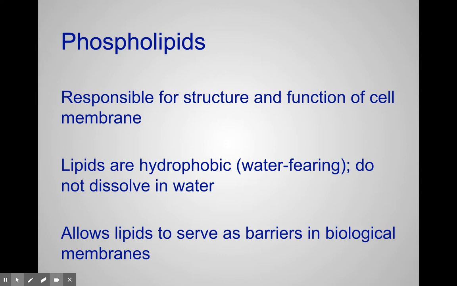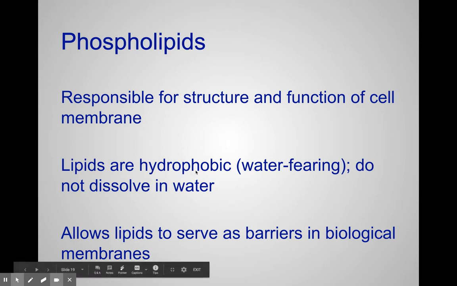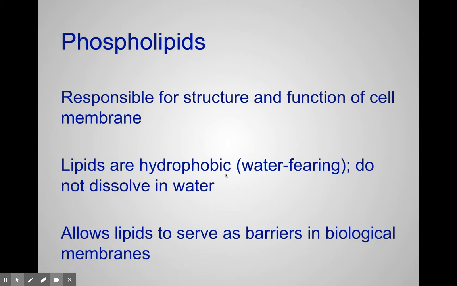Phospholipids are a specific type of lipid. They are responsible for the structure and function of the cell membrane. Lipids are hydrophobic, meaning they're water-fearing. Hydro means water, phobic means fear. So if something is hydrophobic, it hates water and is not going to dissolve in water.